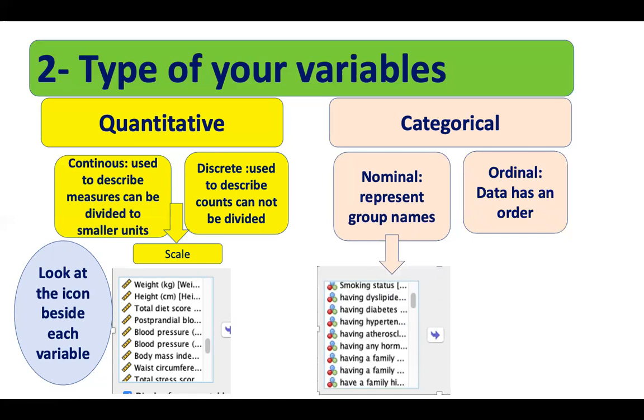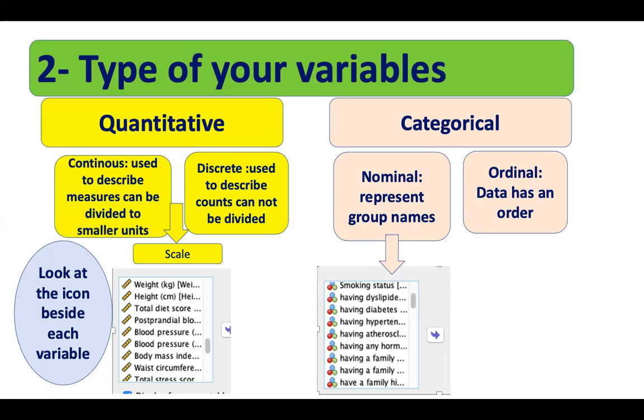As you see, nominal variables like smoking status, having dyslipidemia or not, having diabetes or not, having hypertension or not, having family history of a disease. These all are nominal variables. In SPSS, you will find this icon, which is 3 circles, beside the variable. This means that this variable is a nominal variable.